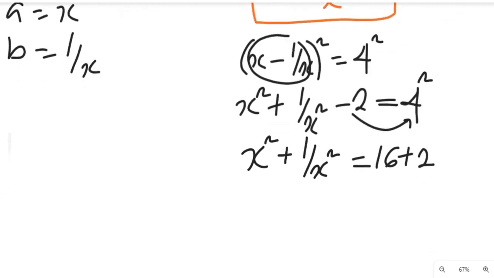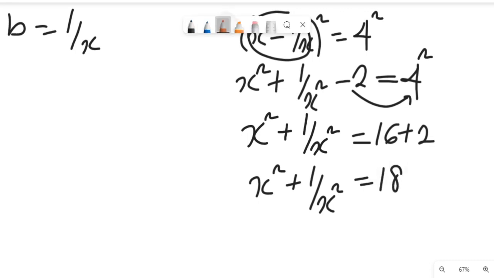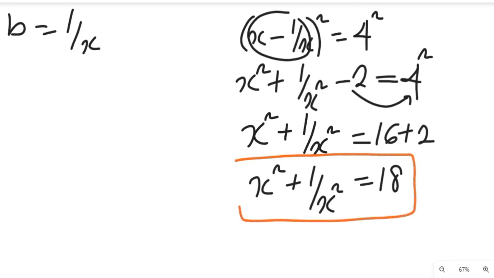So for that expression, we are going to have x squared plus 1 divided by x squared equal to 18. Now we'll take this as our second expression. This will be our expression 2.